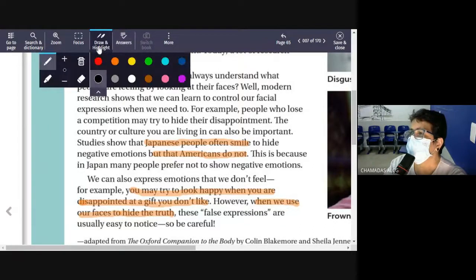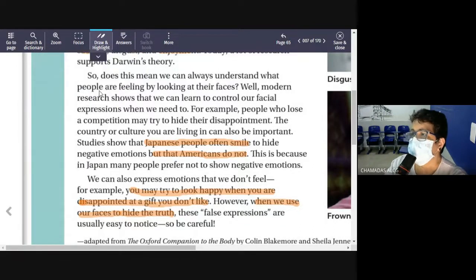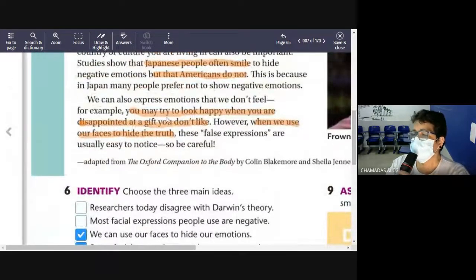I will highlight this because it makes sense. So we can also put that as an answer. Sometimes we get disappointed at a gift that we don't like. It may also happen.